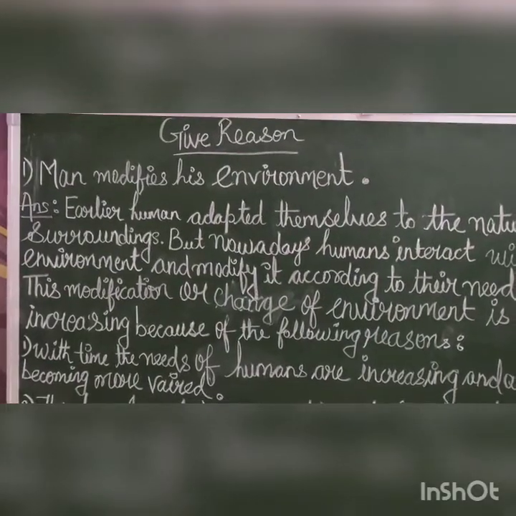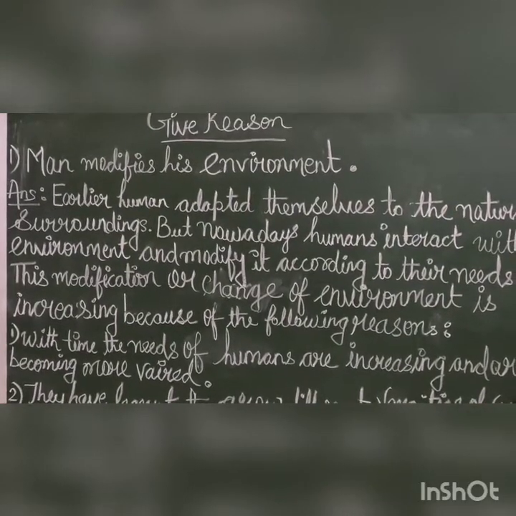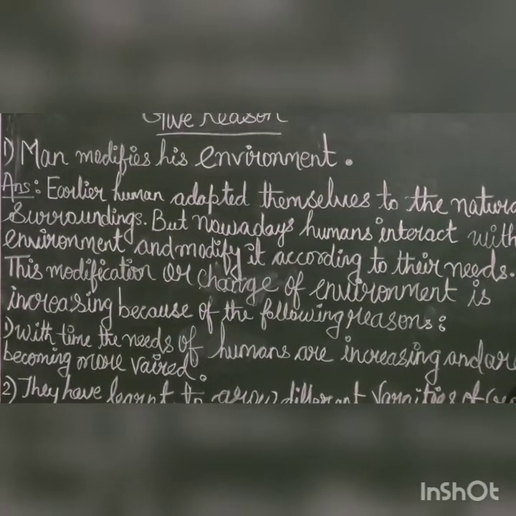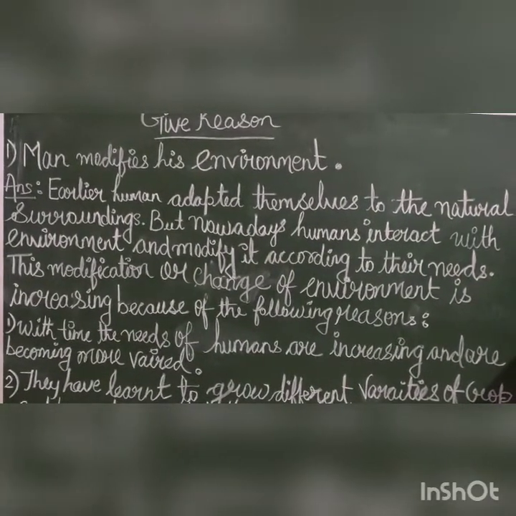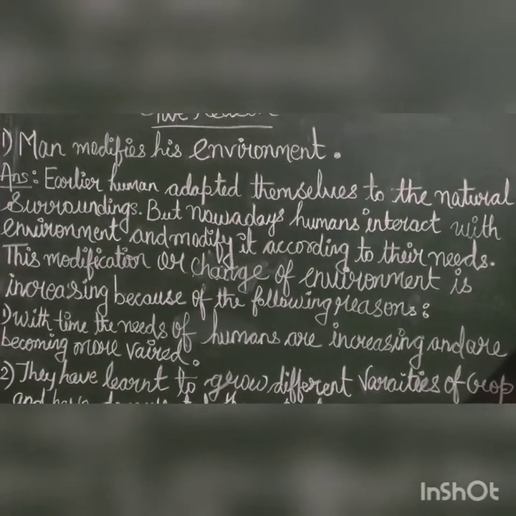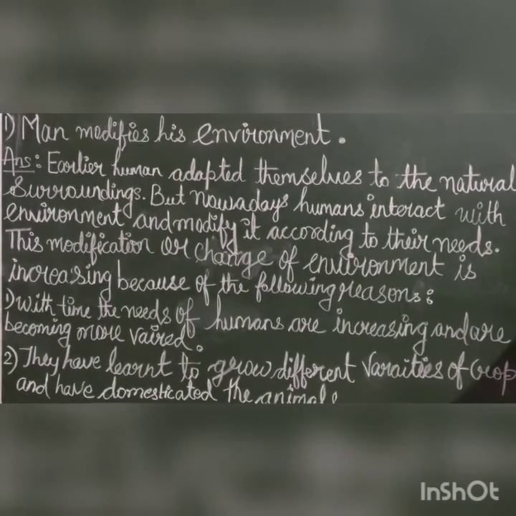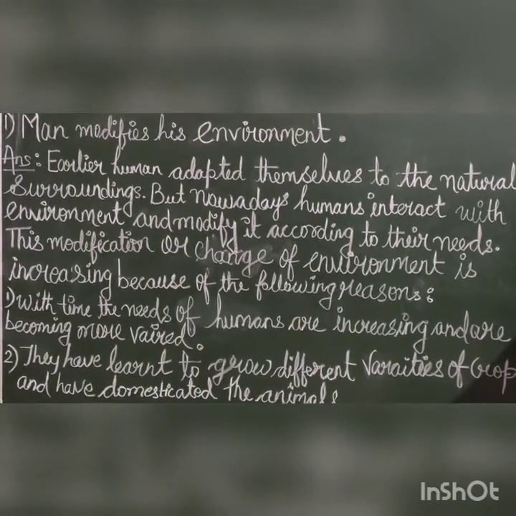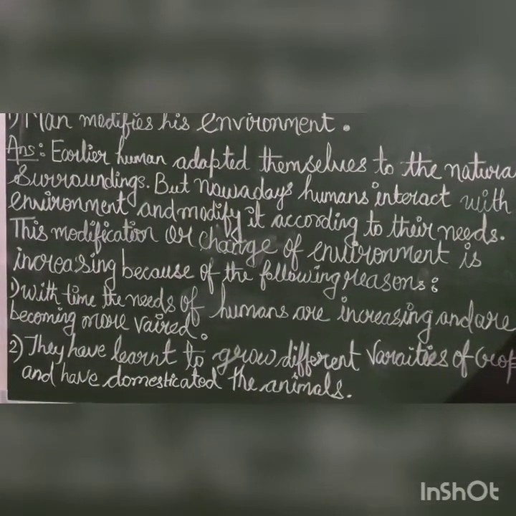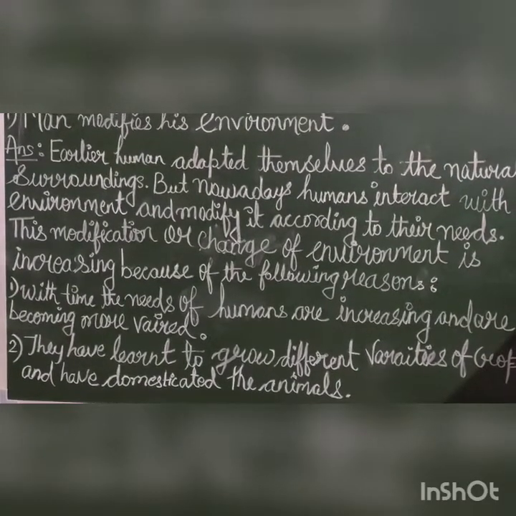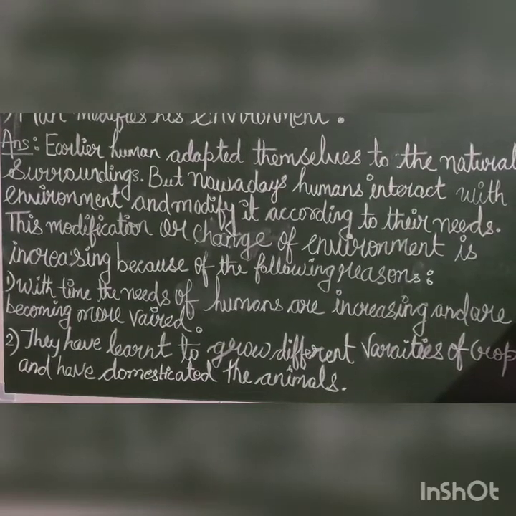Here we have give reasons. The question: man modifies his environment. And the reason is earlier humans adapted themselves to the natural surroundings, but nowadays humans interact with the environment and modify it according to their needs. This modification or change of environment is increasing because of the following reasons. First one, with time the needs of humans are increasing and becoming more varied.